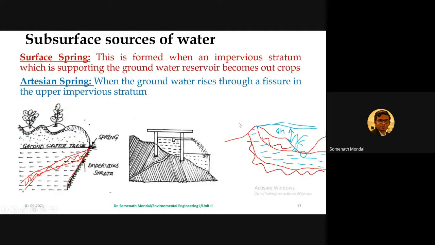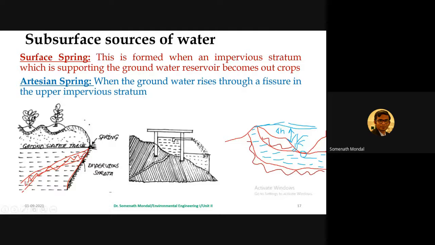Next, we are going to talk about surface springs. Surface springs are formed when an impervious stratum which is supporting the groundwater reservoir outcrops, as shown in this figure. There is an impervious stratum at the bottom, supporting the water.